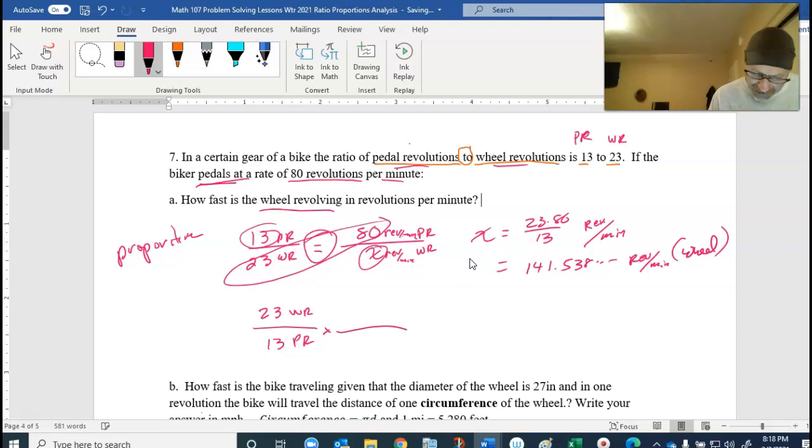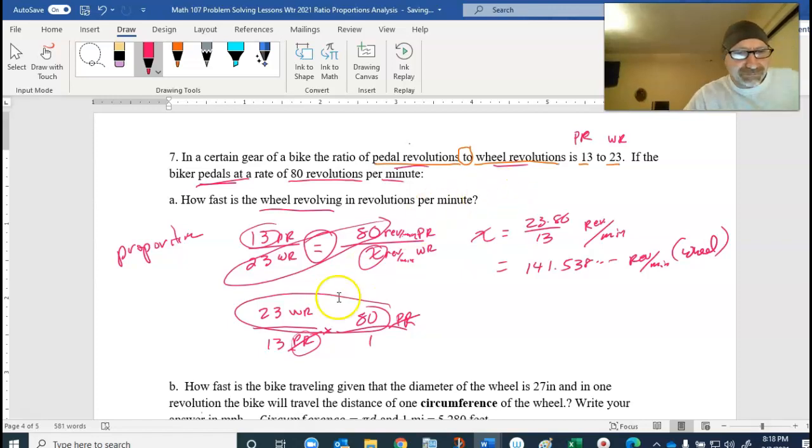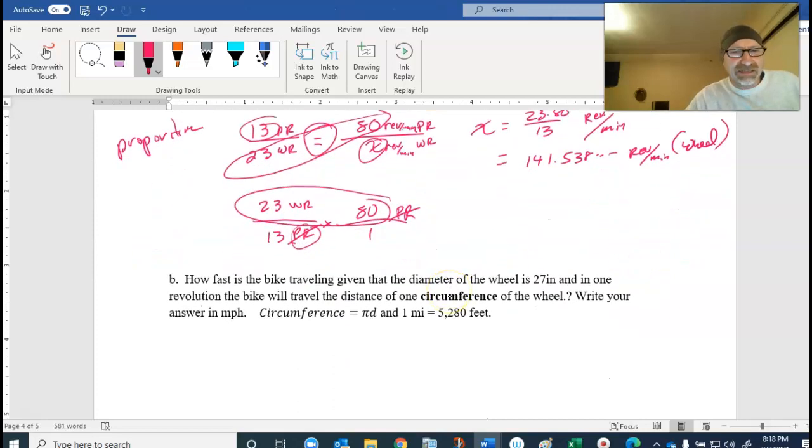If you multiplied, then they have to be diagonal to one another, and so that would be the 80 per minute, and this would be just over 1. So the pedal revolutions would reduce. You'd still multiply 23 times 80 over 13. So that's how you do that. But anyway, it's 141.538.